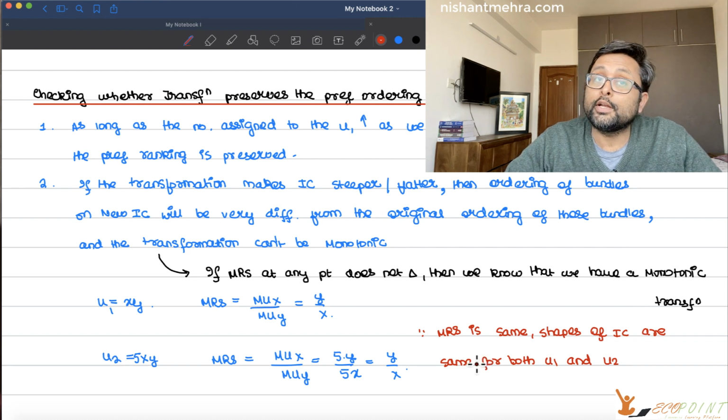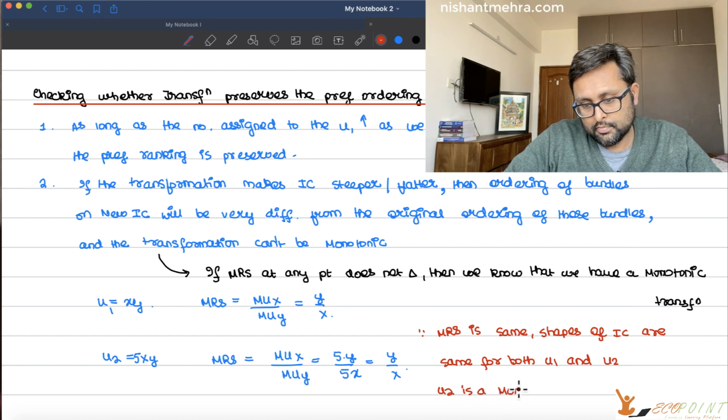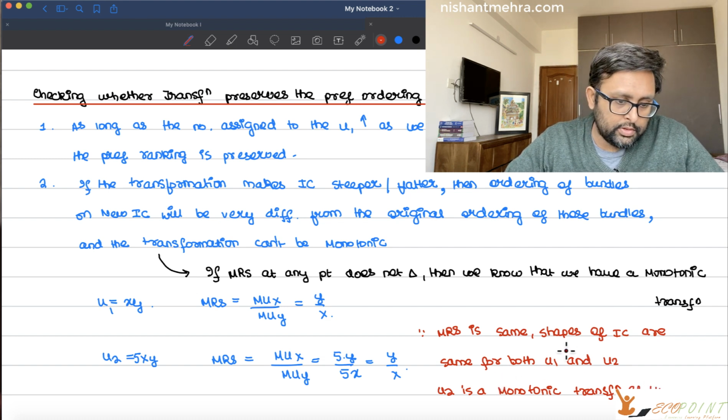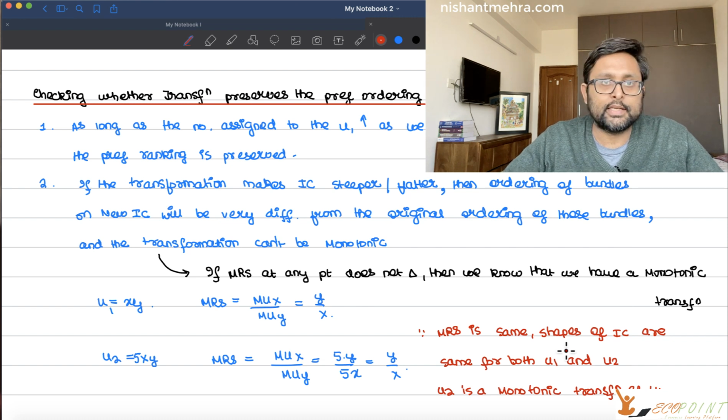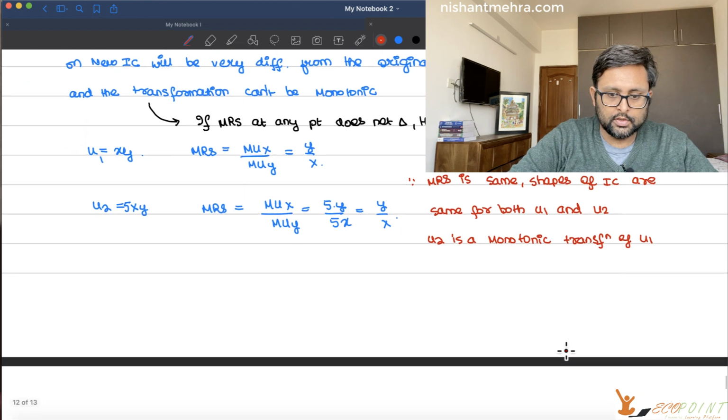So you can say what? That u2 is the monotonic transformation of u1, and both u1 and u2 represent the same set of preferences, right?